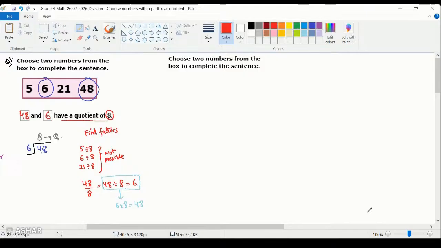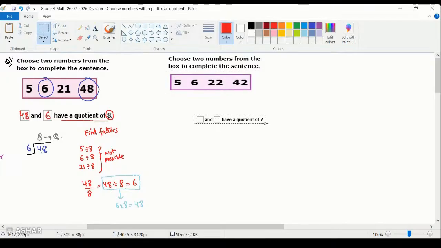The numbers given to us are 5, 6, 22, and 42. We need to select two numbers such that the quotient is 7.